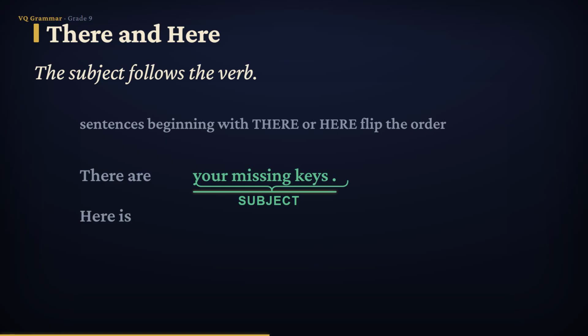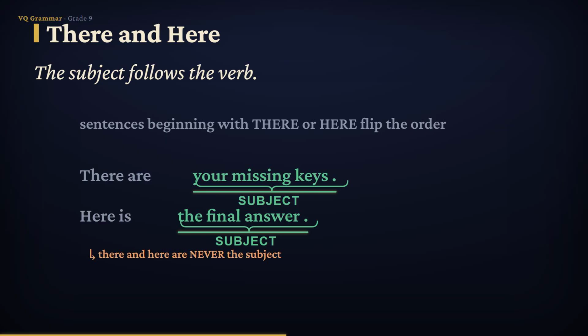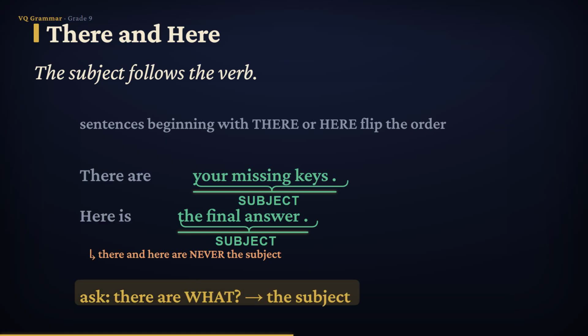Now another. Here is the final answer. Once again, here just points ahead, and the final answer is the true subject, tucked in after the verb. So remember, there and here are never the subject themselves. To uncover the real one, ask, there are what, or here is what, and the subject steps forward.